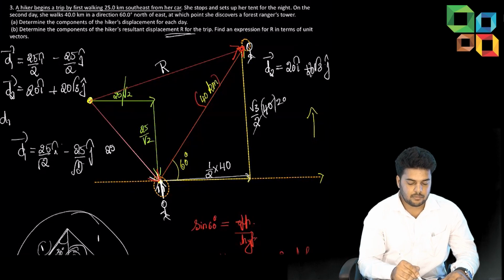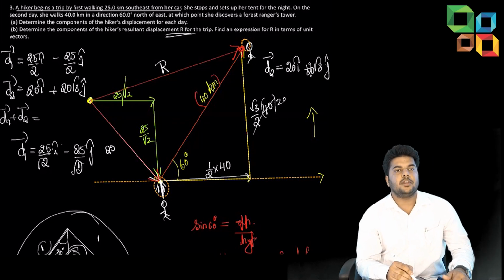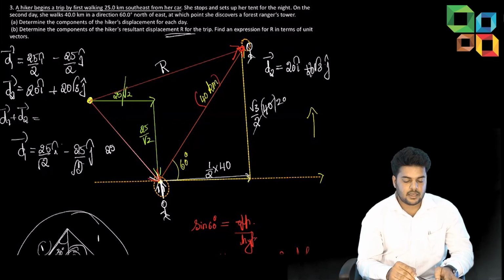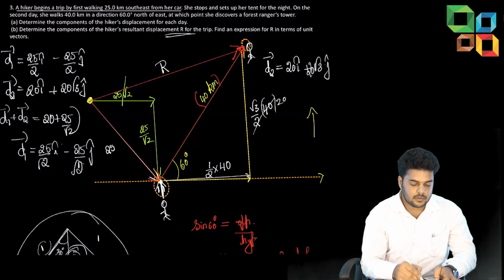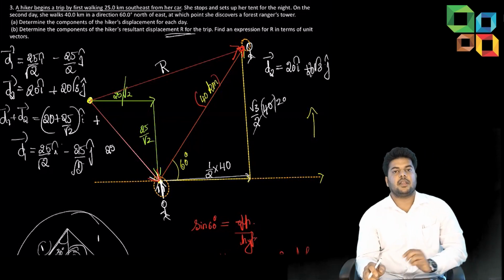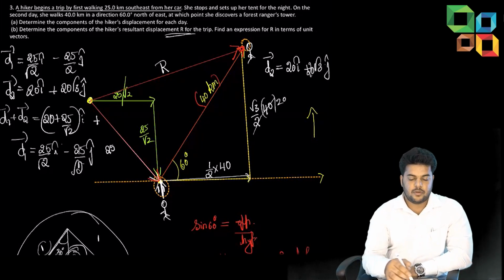When you are adding D1 plus D2, the sum of two vectors, you add component wise. So add the x component to x component. What is it? 20 plus 25 by root 2 i cap. What about the next one then? What do we do in the next case?